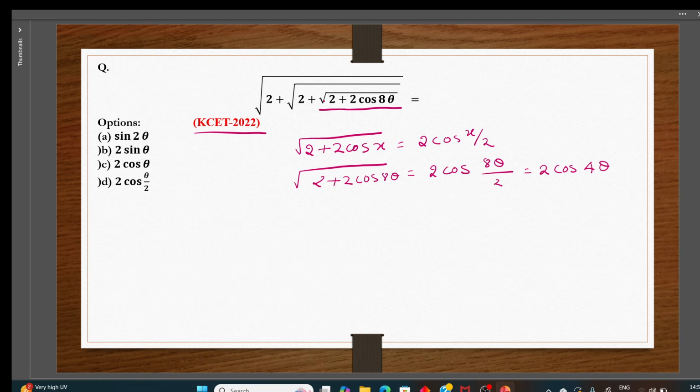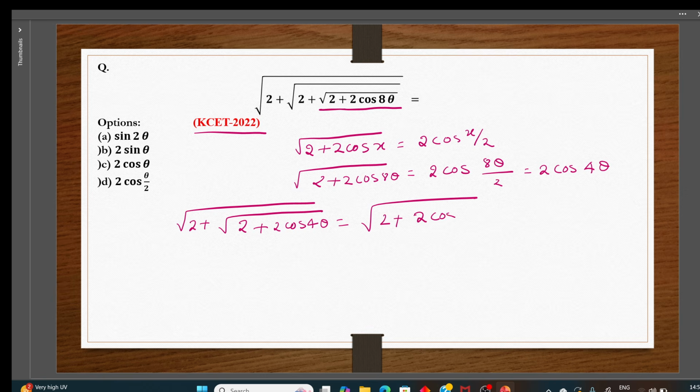Now substitute this 2 cos 4 theta in its place. So square root of 2 plus square root of 2 plus 2 cos 4 theta. Again applying this identity, we get square root of 2 plus 2 cos 2 theta.